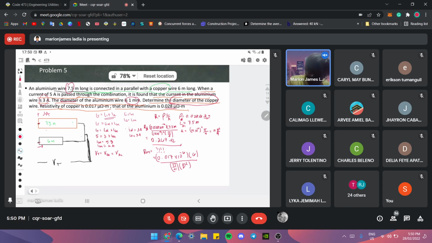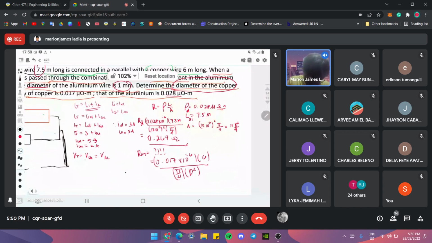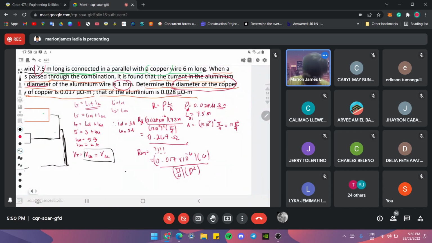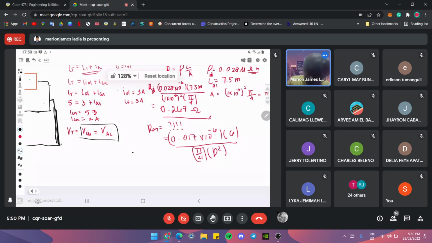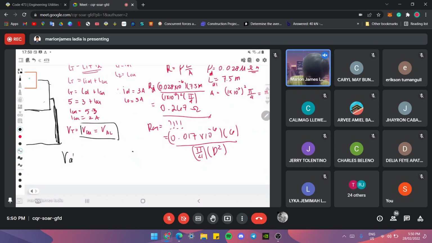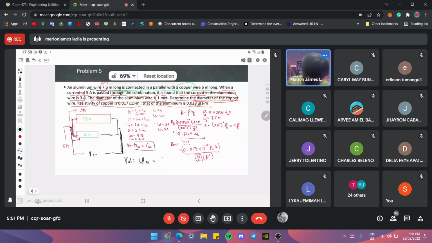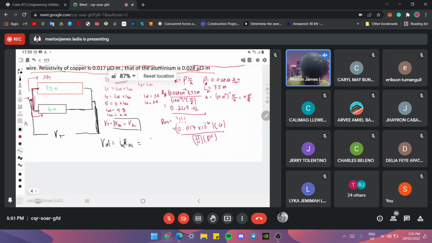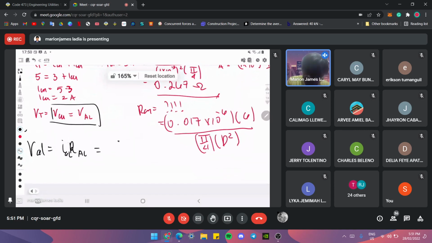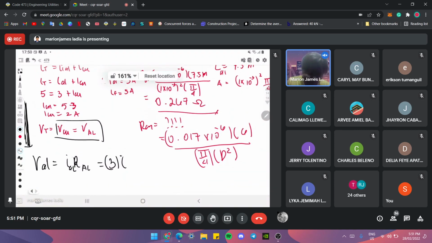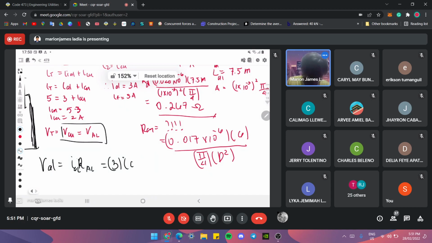Balik tayo dito sa concept na to. V copper is equal to V aluminum. So, ano ba yung V aluminum natin? So, V aluminum natin is equal to syempre IR: I aluminum, R aluminum. Wherein, yung I aluminum natin was initiated as 3 ampere. So, 3 ampere multiplied by yung R aluminum natin which is equal to 0.267 ohm.